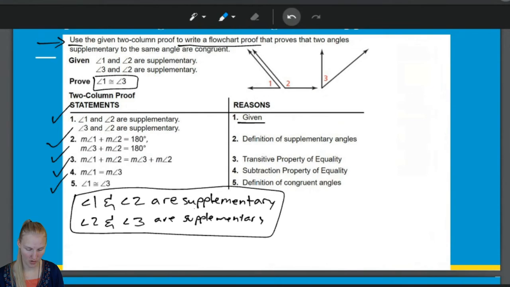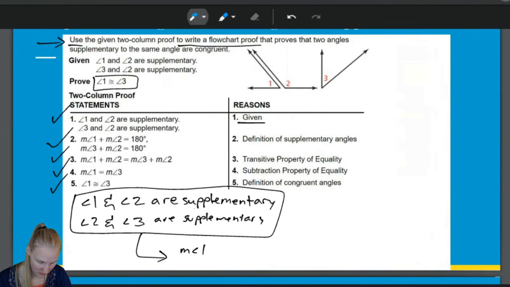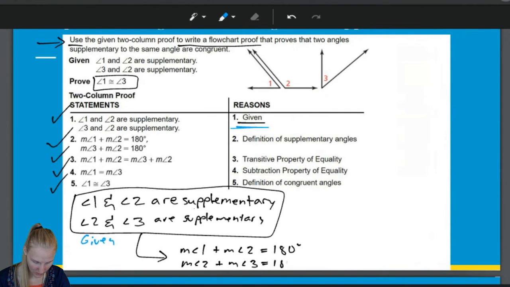Now from here, they said that the measure of angle 1, oh wait, we need to write our reasons. Our reason was that this was given. So right next to the box in my flowchart proof, I'm going to write the reason, and it was given. Next, I'm going to take the second step and put it in the next box. So measure of angle 1 plus measure of angle 2 equals 180, and measure of angle 2 plus the measure of angle 3 equals 180.